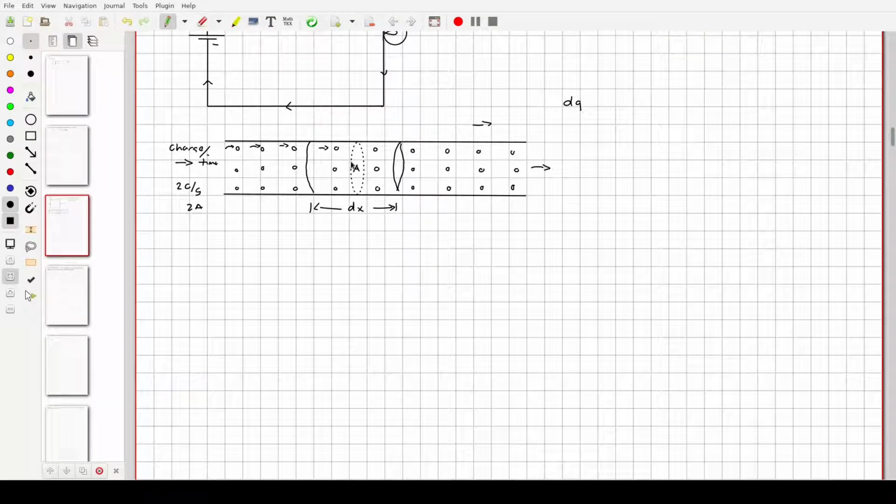Different metals have different numbers of charge carriers. One metal, for example copper, has 1 charge carrier per atom. You might have others that have 2. So what I'm going to do is call a lowercase n the number of charge carriers per volume. And I'm going to call Q the charge of the carrier.